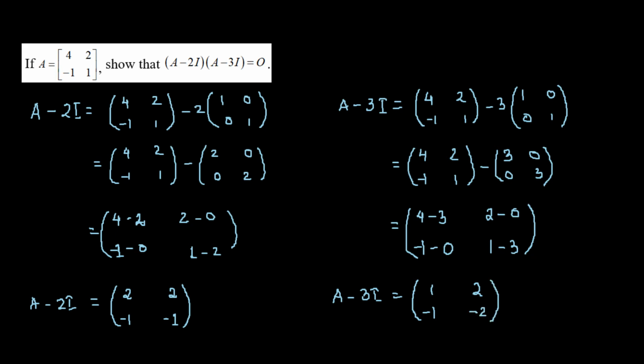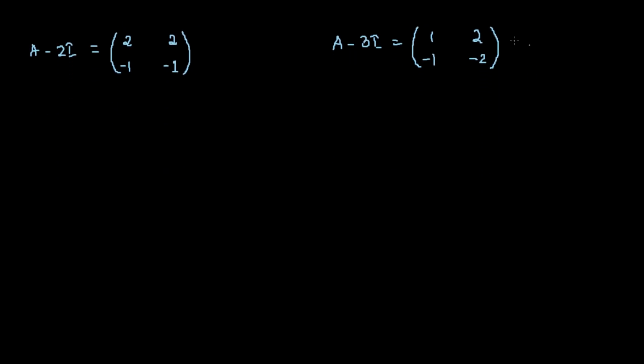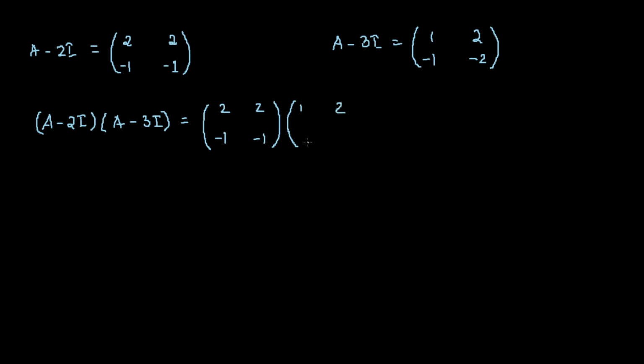Now we're going to the second stage, which is to multiply both of them, A minus 2I and A minus 3I. So let's do that. We have A minus 2I multiplied by A minus 3I. So this is equal to [2, 2; -1, -1] times [1, 2; -1, -2], which is equal to, so 2 times 1 is 2, plus 2 times -1 is -2.